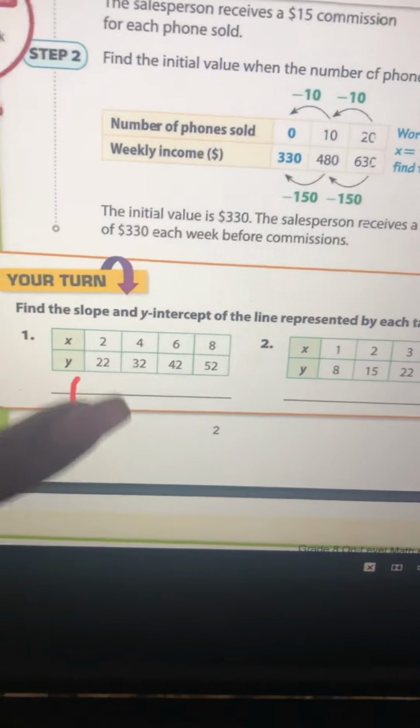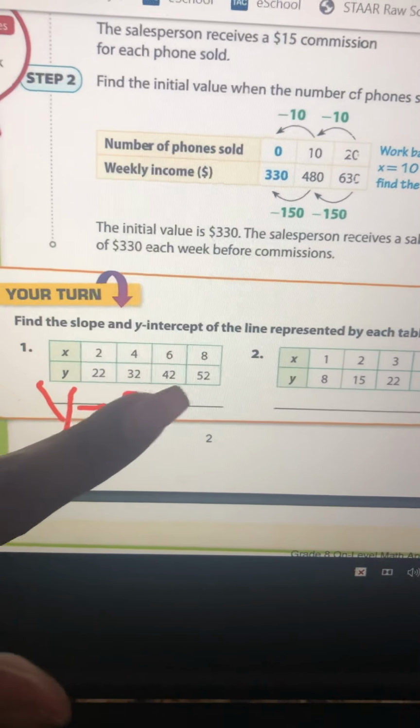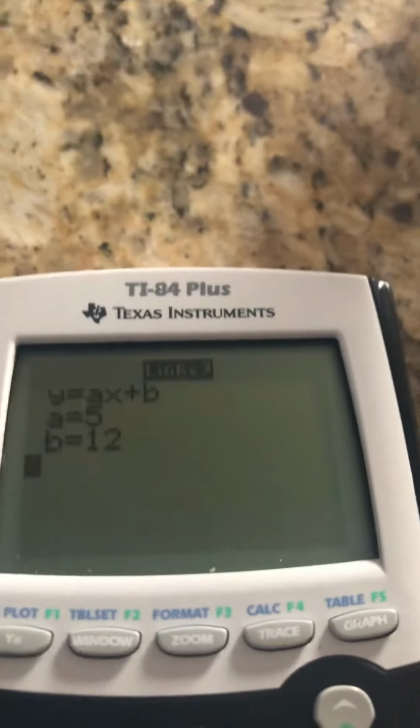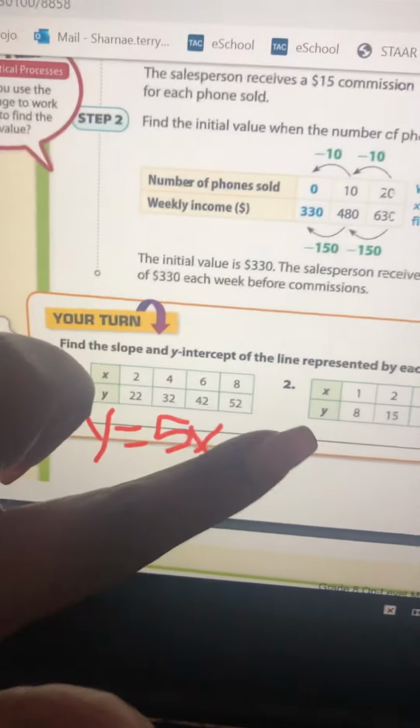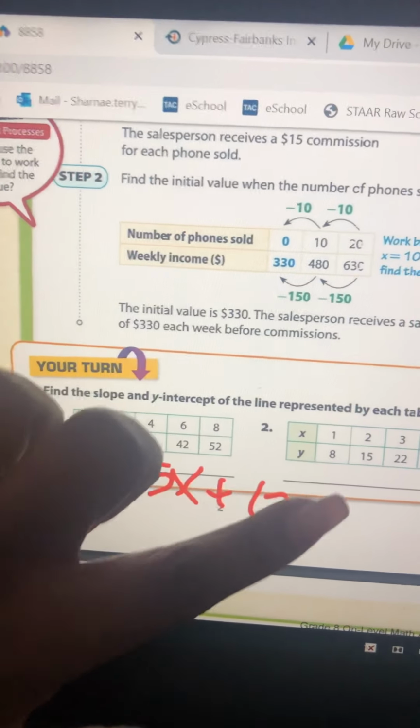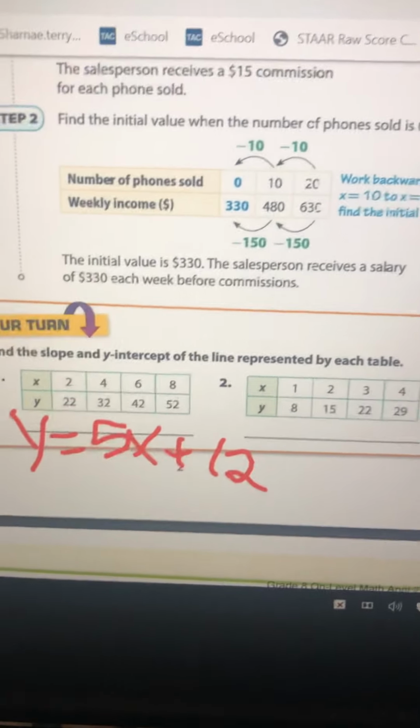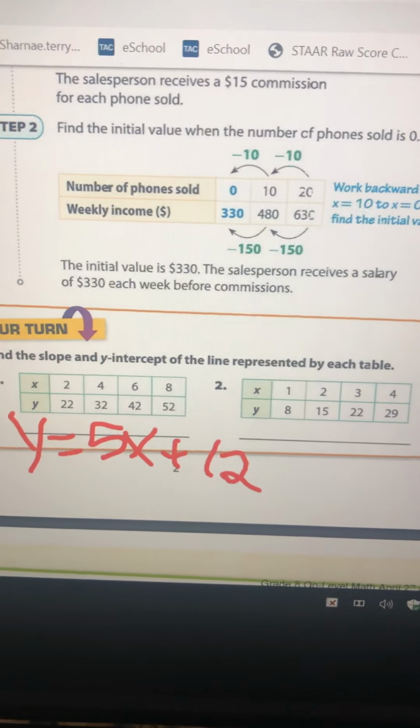So if I were to write this as an equation, it would look like y equals 5x. And that 12 is a positive 12. There has to be a symbol in between. I can't just put 12. So I'm going to put positive 12. Okay, so 5x plus 12.